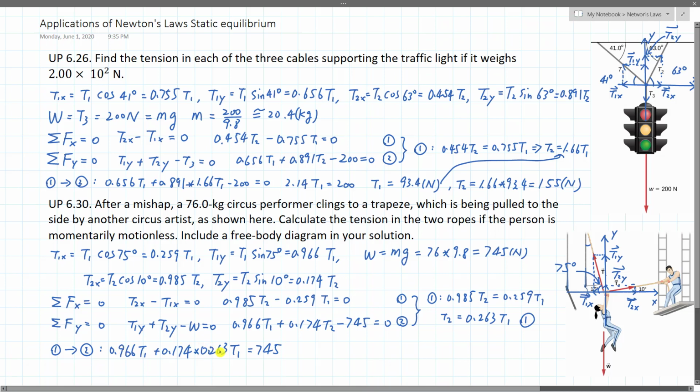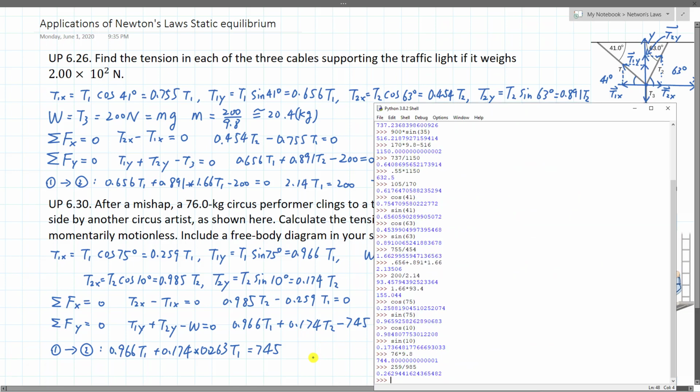And then we can combine these two factors and divide 745 by this factor. So T1, let's combine the factors first. 0.966 plus 0.174 times 0.263. So that's 1.01 of T1. And let's just do it all together: 745 over the 1.01.